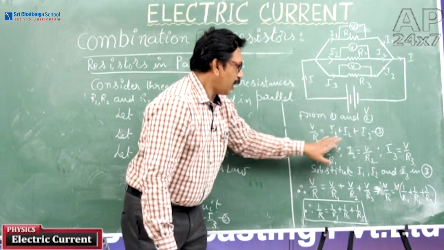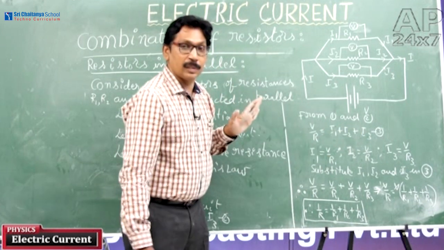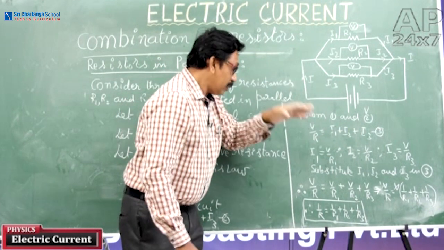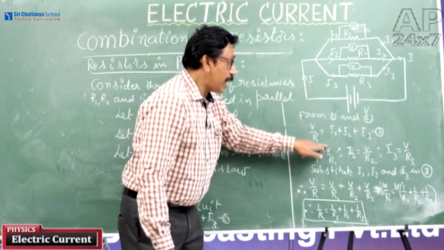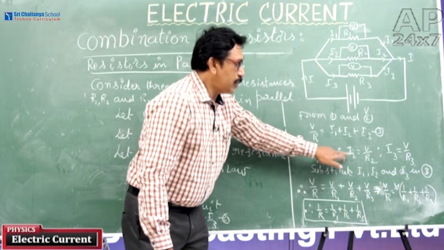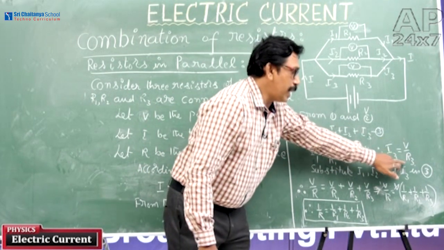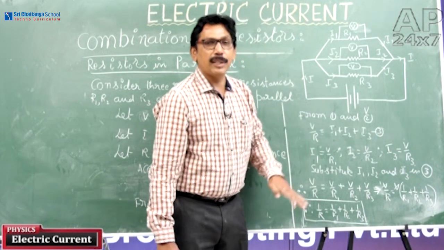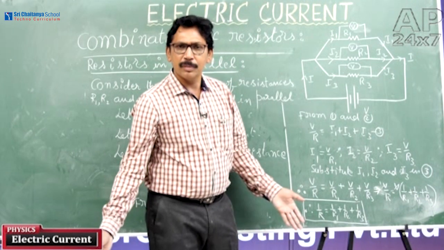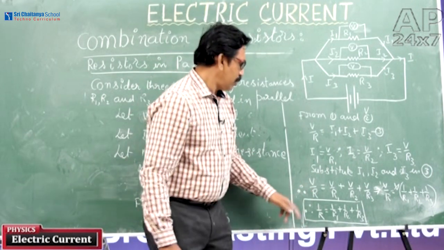Now, these I1, I2, I3 are unknowns. You know very well, according to Ohm's law, I1 is equal to V by R1, I2 is V by R2, and I3 is V by R3. Now I have the I1, I2, I3 values, so we can substitute.